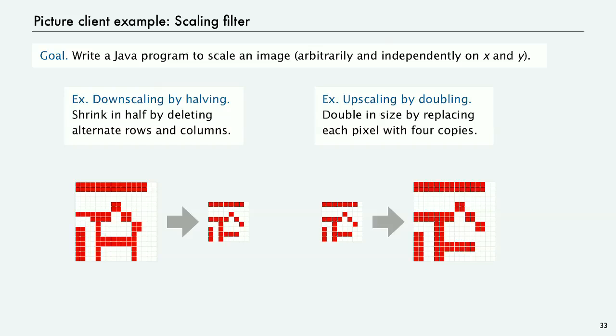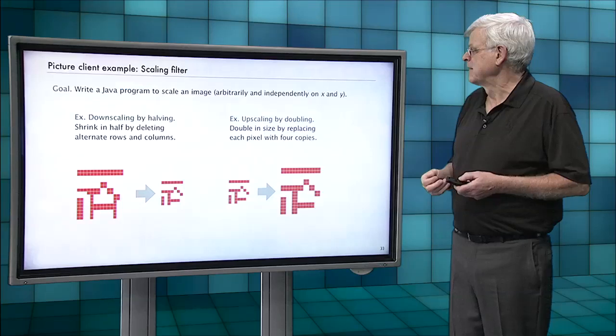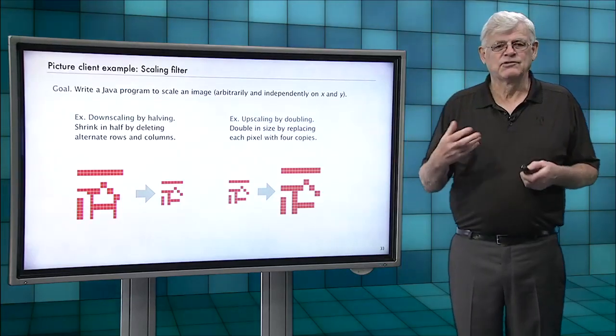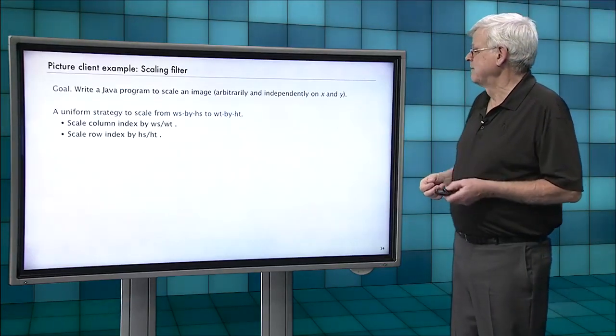If you were to do that back and forth, you don't get quite the same image back. But that's going to be an issue when we do scaling. Fortunately, our pictures are at high enough resolution that these effects are maybe less noticeable than you might think. But we want to do this in a systematic, organized way.